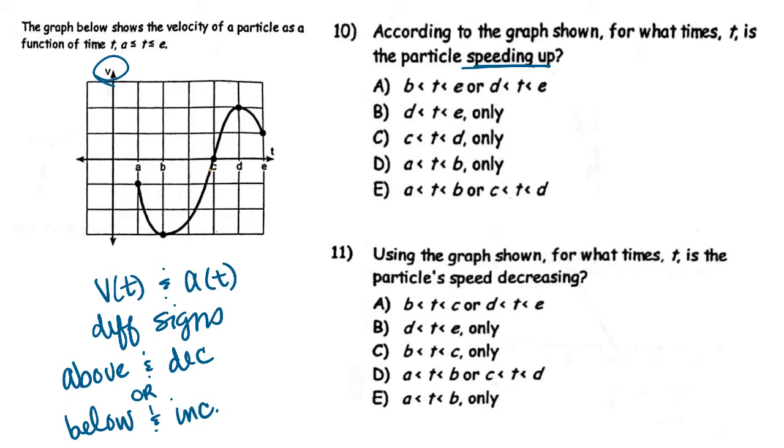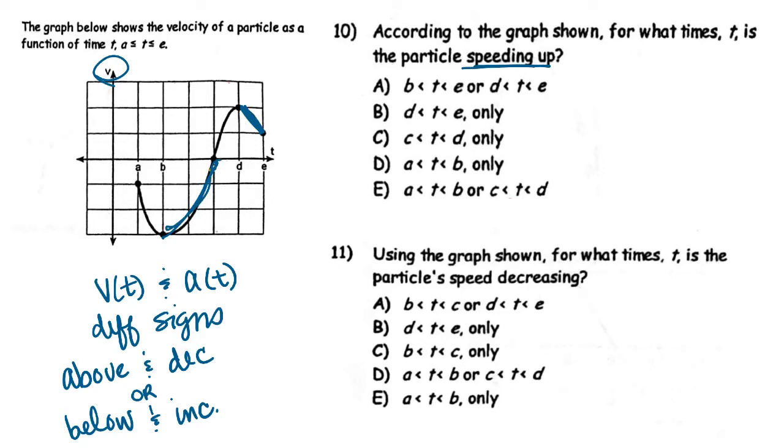So looking at our graph, we need to be above and decreasing, and that's going to happen through here from D to E, and below and increasing is going to happen from B to C.